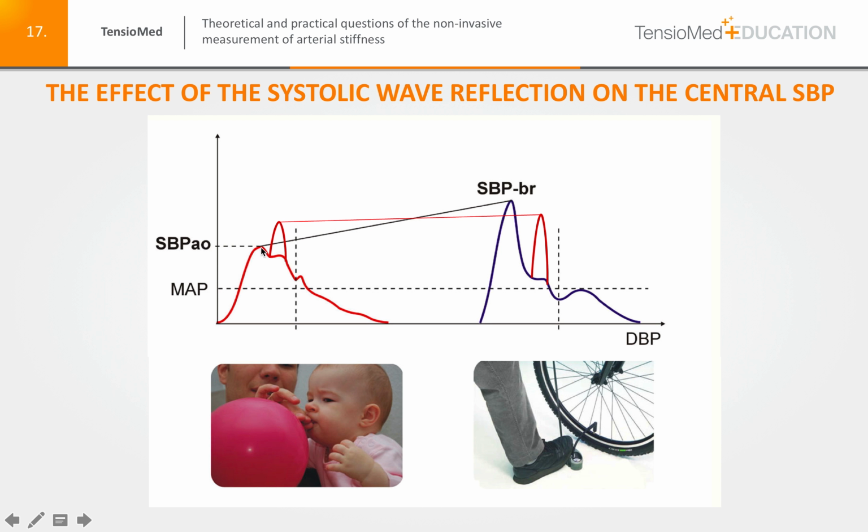So in an abnormal situation with increasing peripheral vascular resistance, the second systolic wave tends to increase towards the peripheral systolic blood pressure. The pulse pressure amplification, the pulse pressure difference between the aortic and the brachial one, will diminish. So the pulse pressure in the aorta gets higher, closing in on and following the peripheral one.